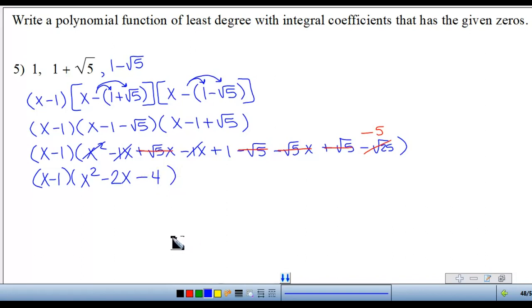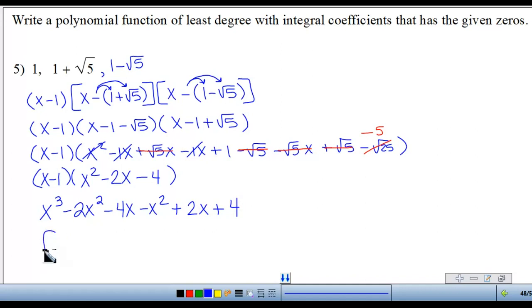Now I'll finish out with a double distribution. I'll take the x and multiply it times all three terms. That gives me x cubed minus 2x squared minus 4x. Now I'll take the negative 1 and do the same thing. Negative x squared, positive 2x, and positive 4.